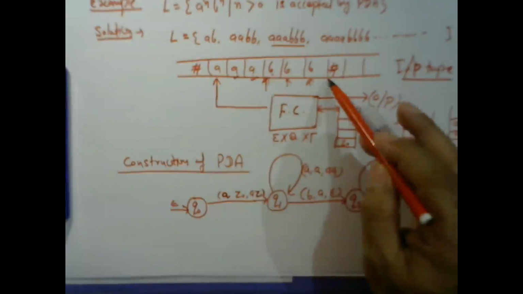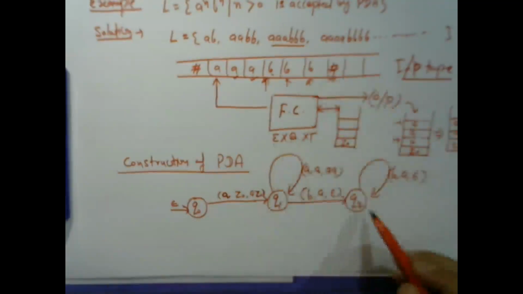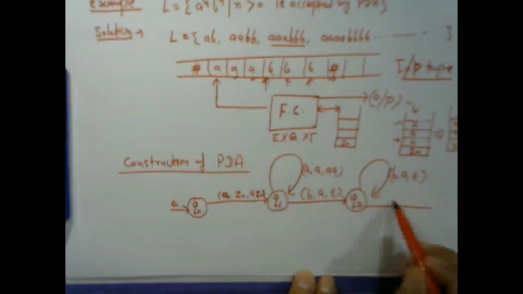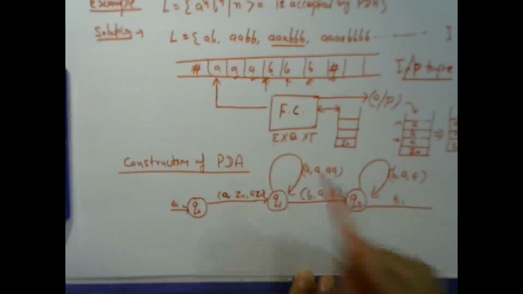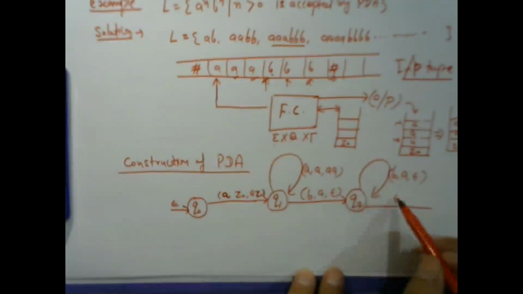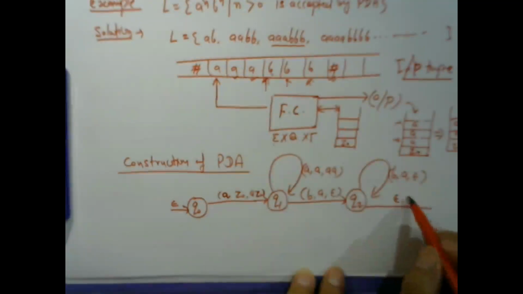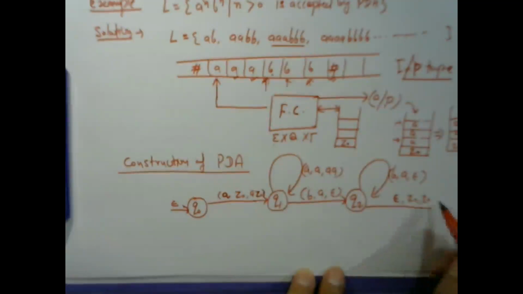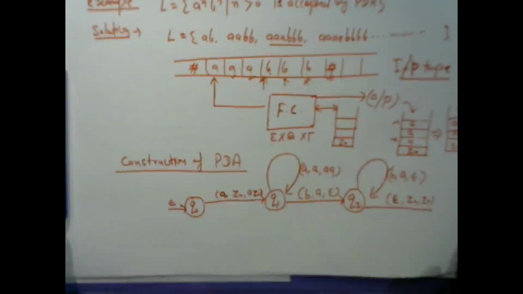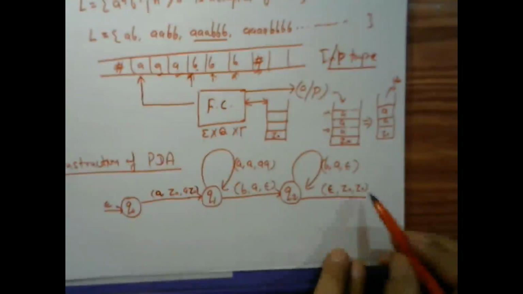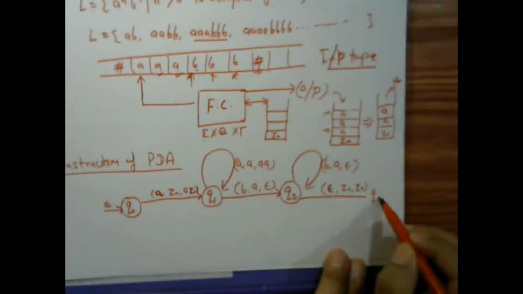Finally, after the last B, if there is nothing left on the tape, meaning we get only epsilon in the input alphabet, and there is Z0 on the top of the stack, then keep it as Z0 and go to the final state.